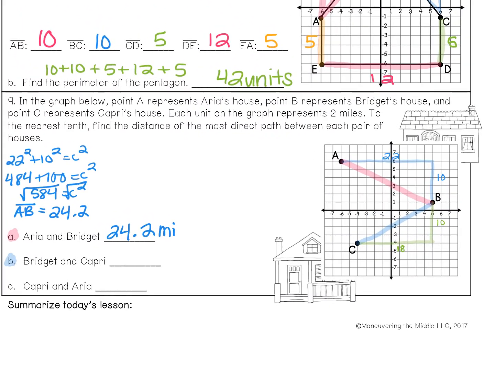So for segment BC, I've got 10 squared plus 18 squared. So that's 100 plus 324. When I take the square root, that's going to give me approximately 20.6.